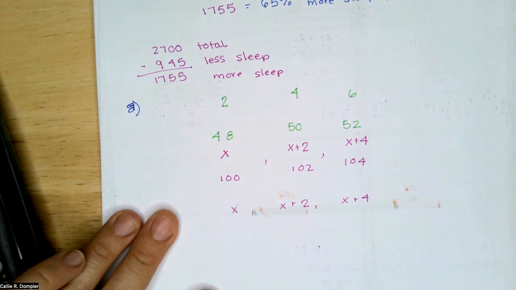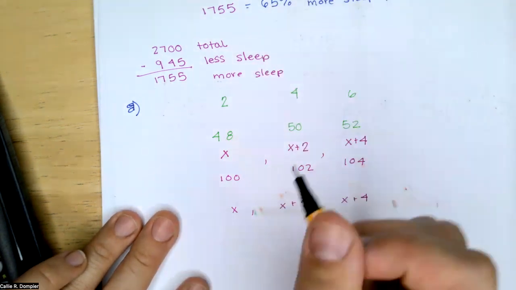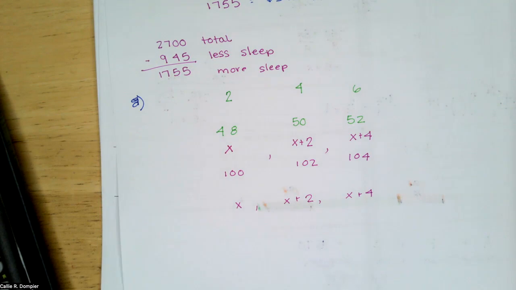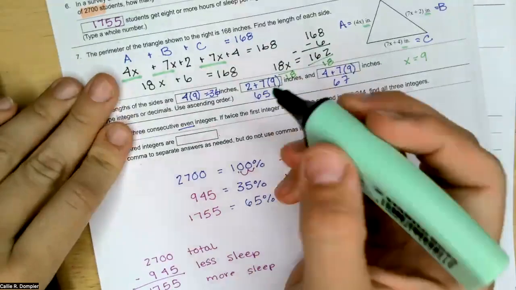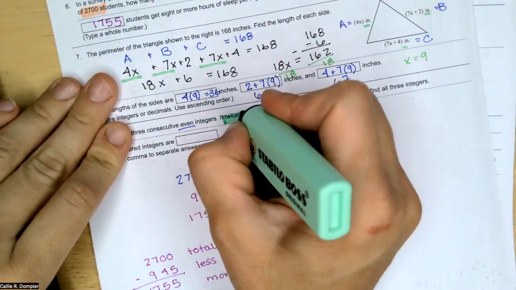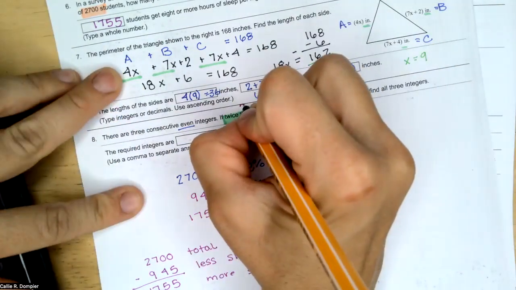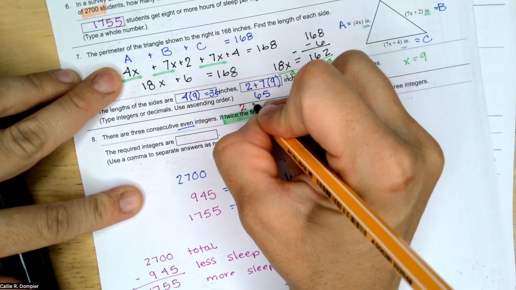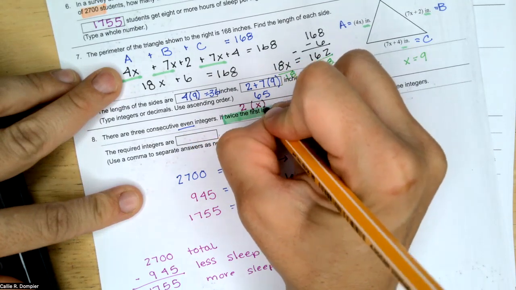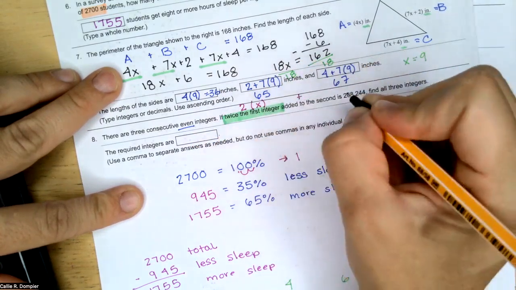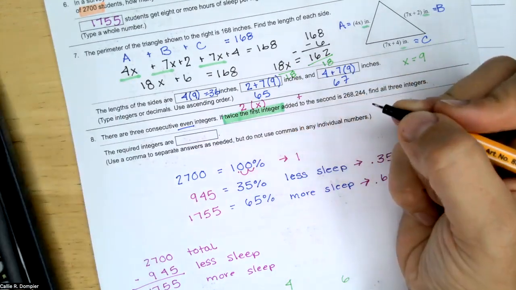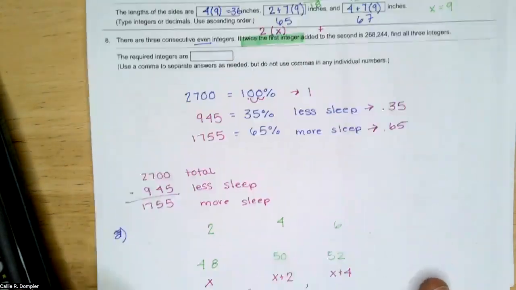Okay? If twice the first integer, so x is the first integer, they are saying twice the first integer. Twice means 2 times, right? 2 times the first integer added to the second integer we decided was x plus 2.